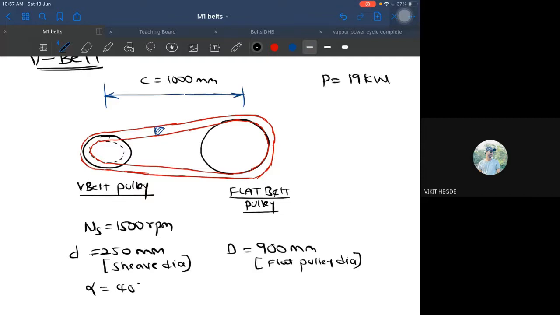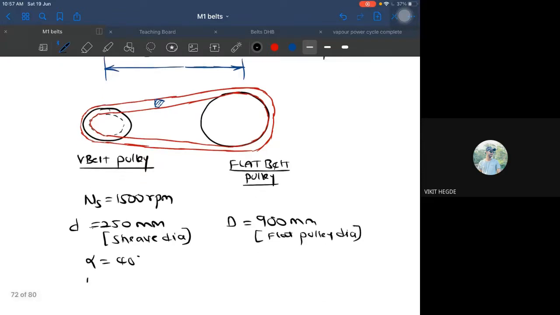The coefficient of friction between the belt and the sheave is 0.2. That means it is mu s here, isn't it? Belt and the sheave, he is saying, so it is small s, mu s. Am I right? So mu s is 0.2. Okay, the same value is specified.